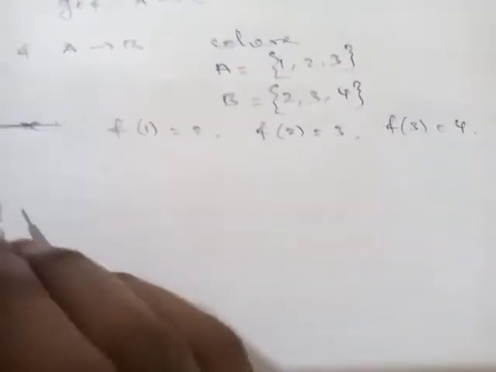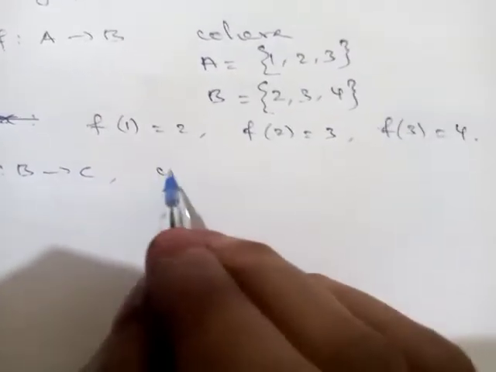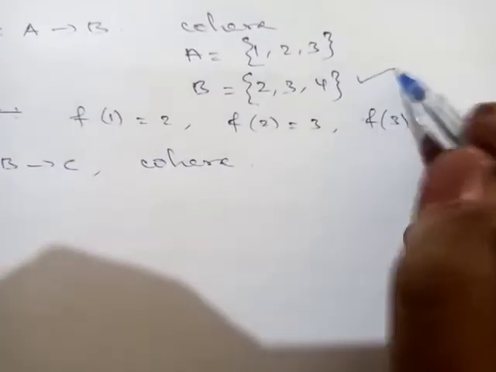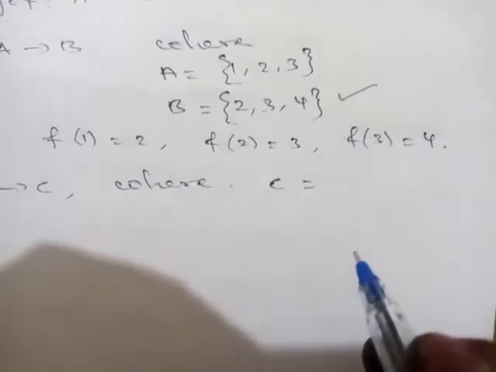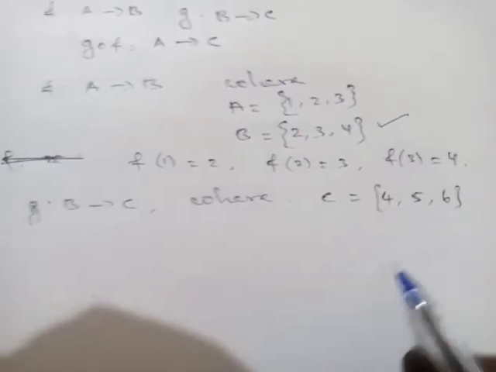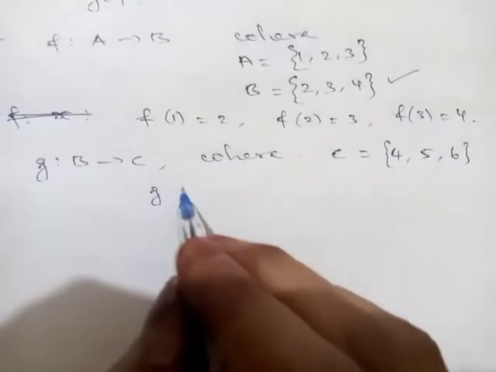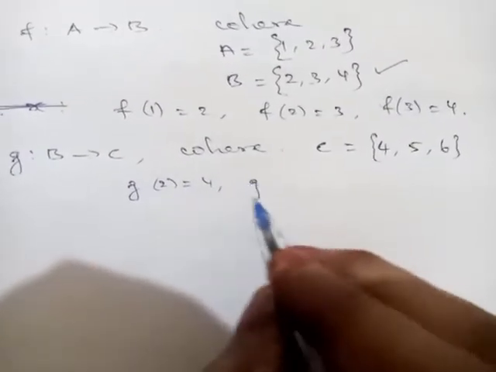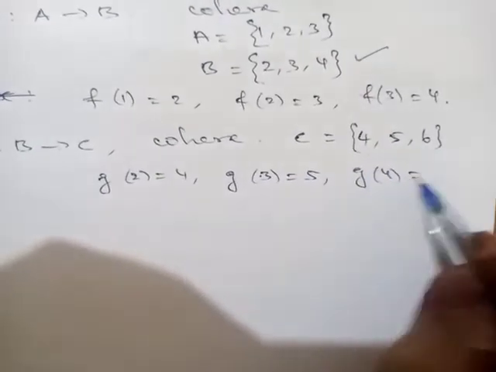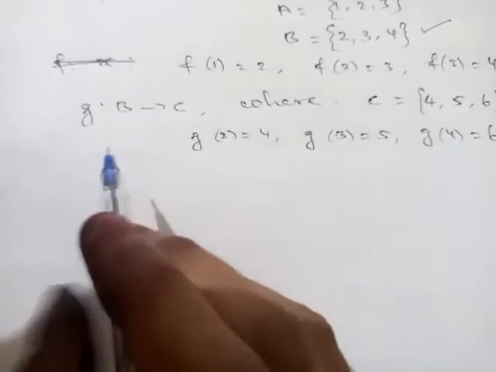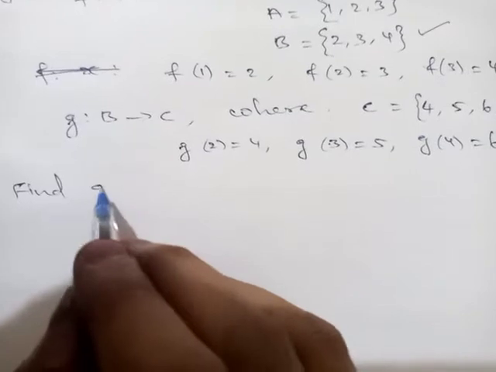Now consider another function g from B to C, where B is the same {2, 3, 4} and C is, for example, {4, 5, 6}, where g of 2 is equal to 4, g of 3 is equal to 5, and g of 4 is equal to 6. After that they are asking, find g over f.